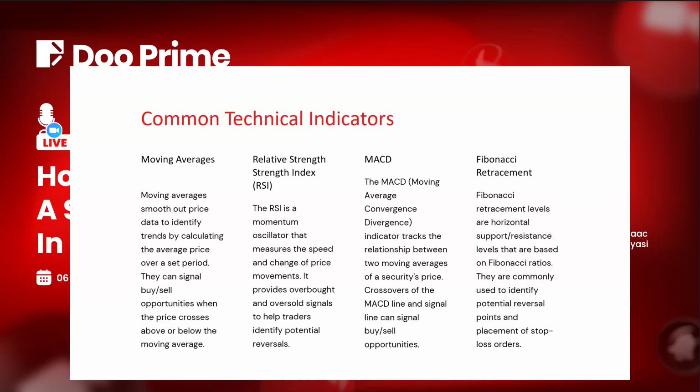They can signal buy or sell opportunities when the price crosses above or below the moving average. That's basically what they do. So if you are using a moving average, we are going to pick, let's say, 20 candlesticks or 30 candlesticks or 50 candlesticks. And then we are going to find the average of these candlesticks. And then we are going to use it to draw a line, right?